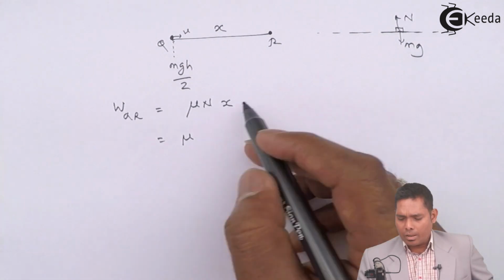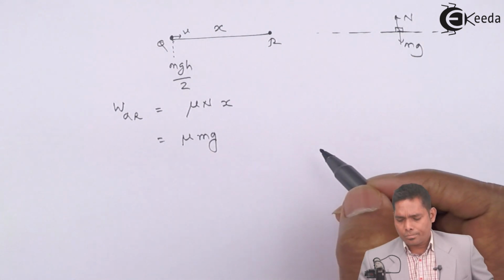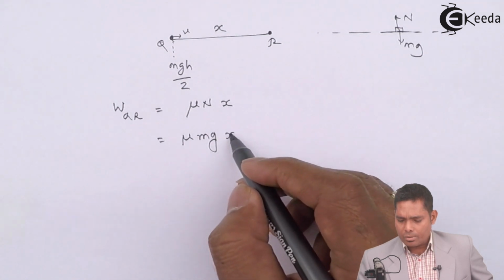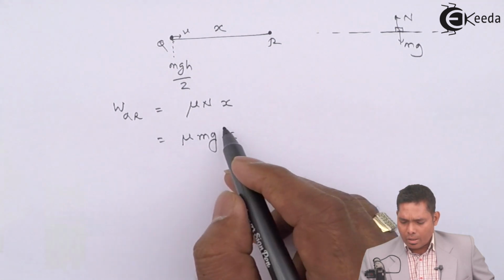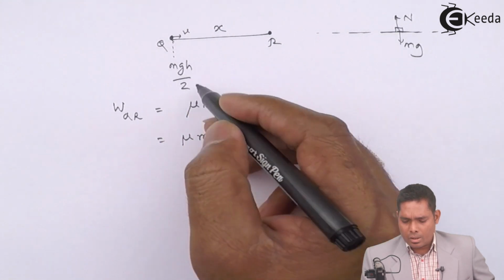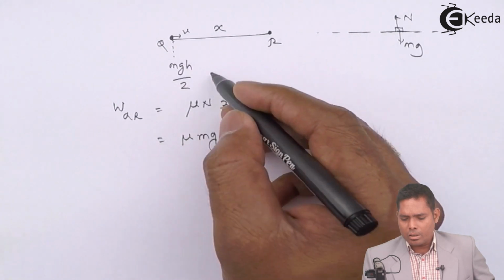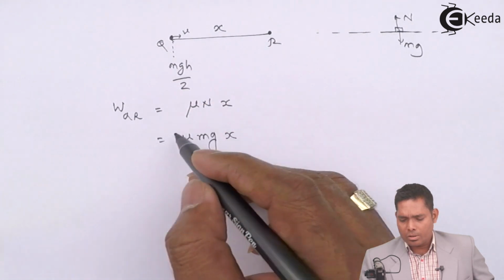So in this case the N becomes mg. Earlier it was mg cos theta, and this is x, and this energy must be equal to this energy because this energy is lost in the form of this energy.